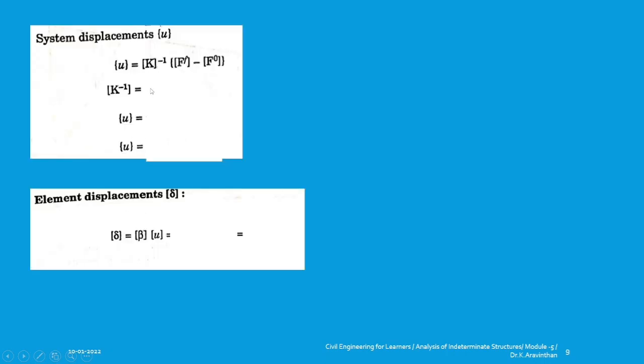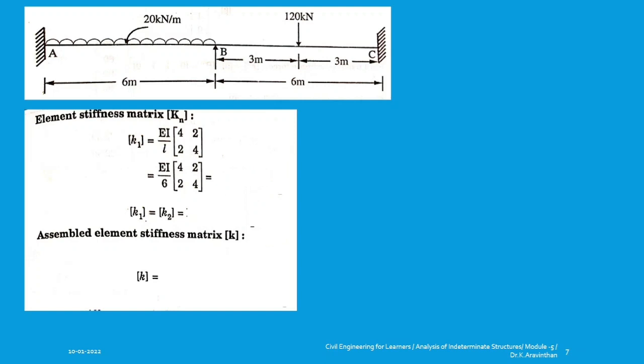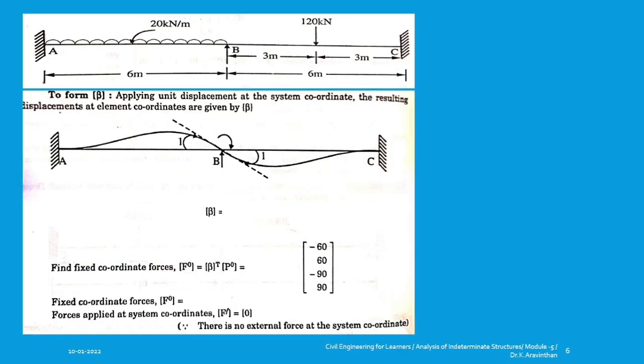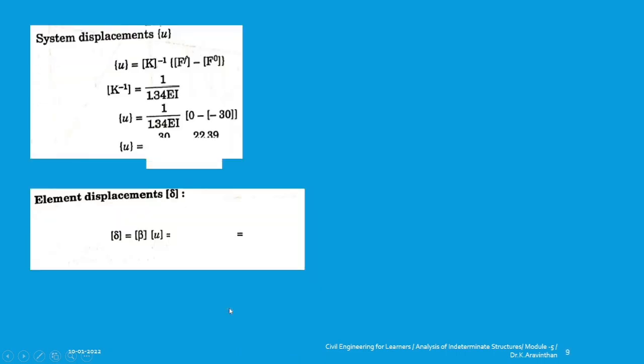Here you have to apply that, and F of F and F naught which you found in the previous step. What is F of F? F of F is 0 here, and F naught is minus 30. So these are the two values. Now you have to multiply those components.